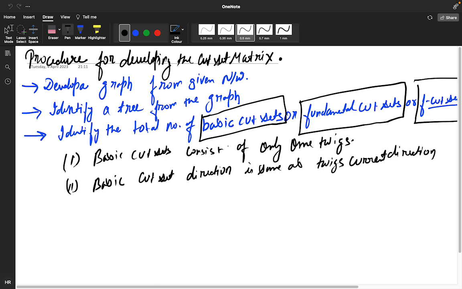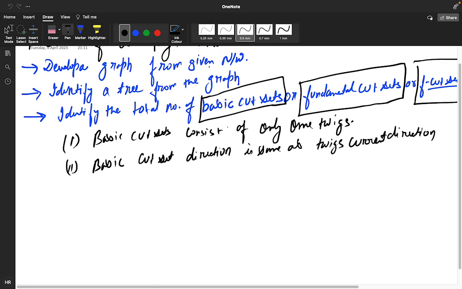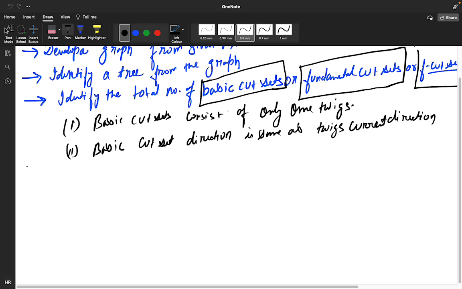Always remember this: the total number of basic cut sets will always be equal to the total number of twigs. Now for doing this, first write it down.